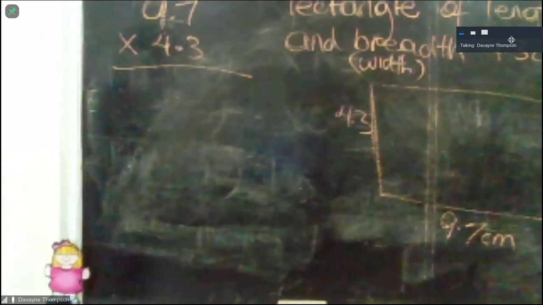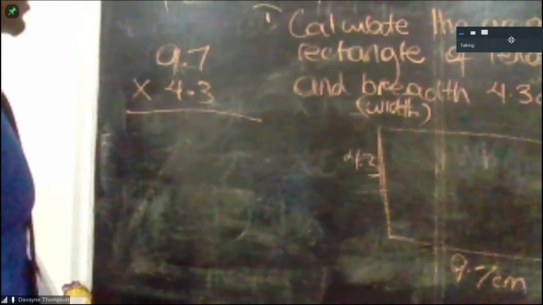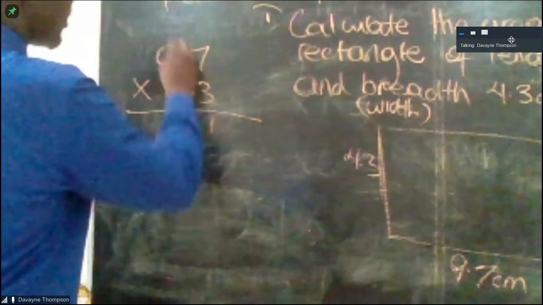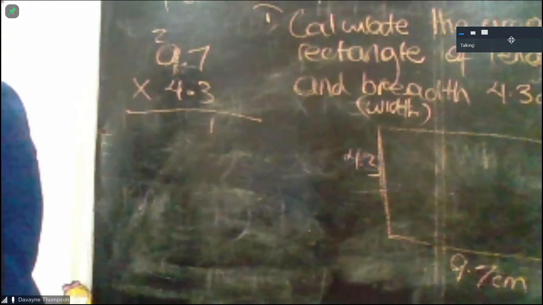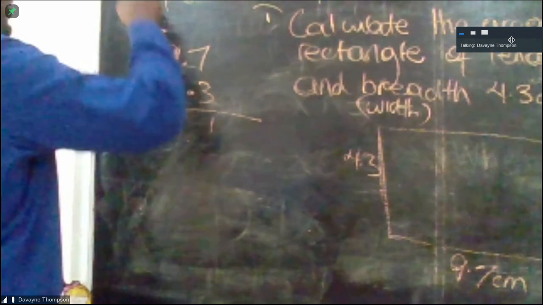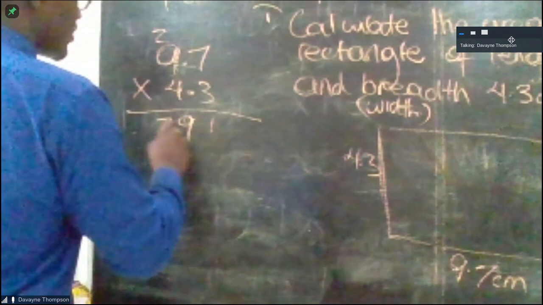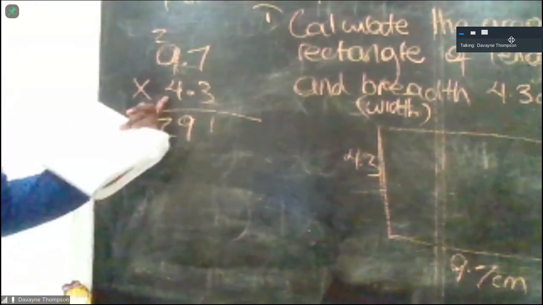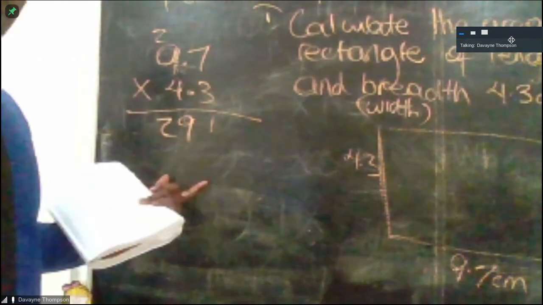7 times 3, 21. 3 times 9? 27. 27 plus 2? 29. What should I do before I go to the second column? Add a 0. Exactly.